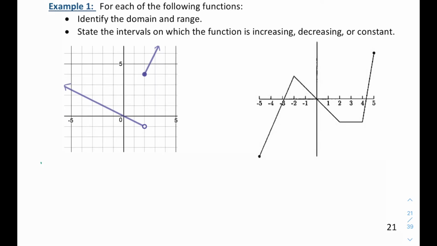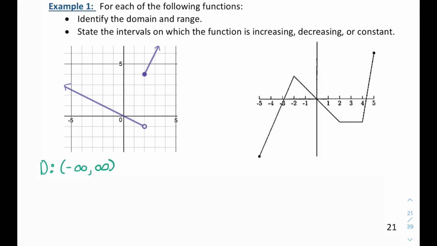Let's look at both of these, starting with the domain and range. On the one on the left here, my domain, if you look at it from left to right, goes from negative infinity, and then one piece of it stops at the x value of 2, but the other one picks up there and has a closed circle, so it doesn't skip any x values. It goes from negative infinity to infinity.